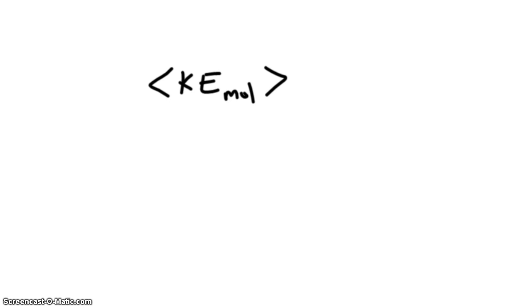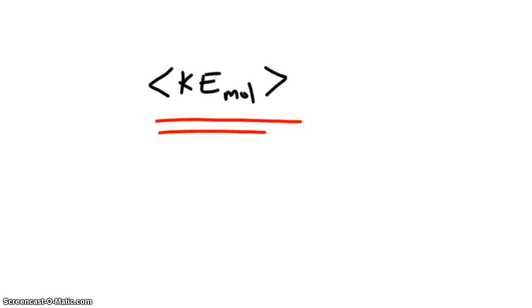These brackets on the side, these really fancy brackets, can be used to represent average of. So the brackets say, if you take the average of all the kinetic energy of each molecule, you get one single number.